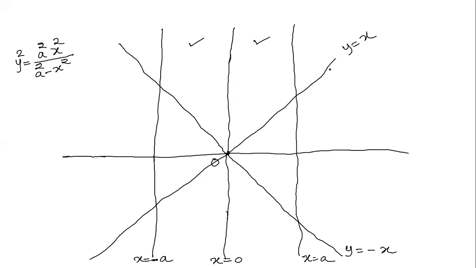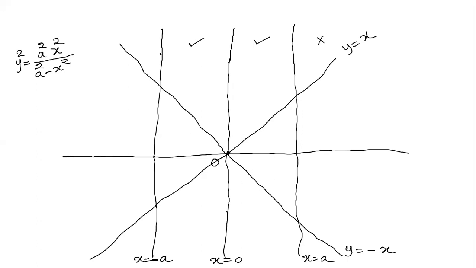The next question is: does the curve exist to the right of x equal to a? So let us try to put x equal to 2a into the equation. So y square will be equal to a square into 2a whole square divided by a square minus 2a whole square. Positive upon negative, y square is negative. Y cannot be real, so the curve does not exist to the right of x equal to a.